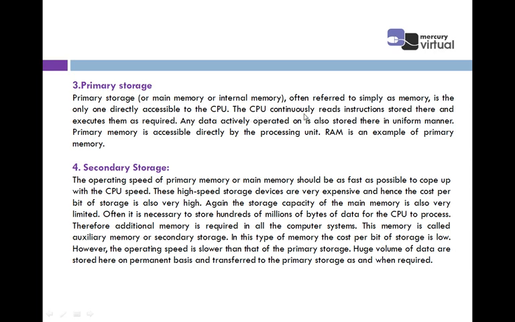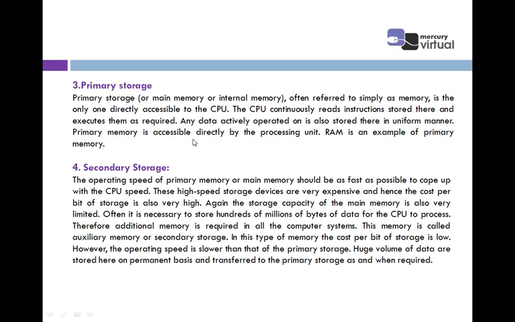The CPU continuously reads instructions stored there and executes them as required. Any data actively operated on is also stored there in a uniform manner. In RAM, all the data that is processed by the CPU is stored in an efficient manner.